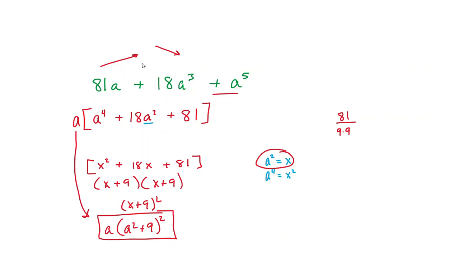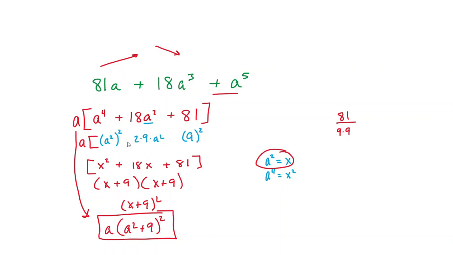Now, I don't think we had to go that route. I think we could have recognized that this is a times the quantity a to the fourth power, which is just a squared squared, and then 81 is 9 squared, and then 18 is 2 times 9 times a squared.